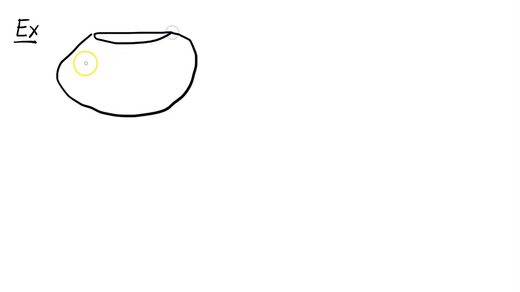Let us have an example of a box of balls. Let's say we have 7 black balls. They're all identical, even if I don't draw them like that here. So 7 black, and then we have 3 red.